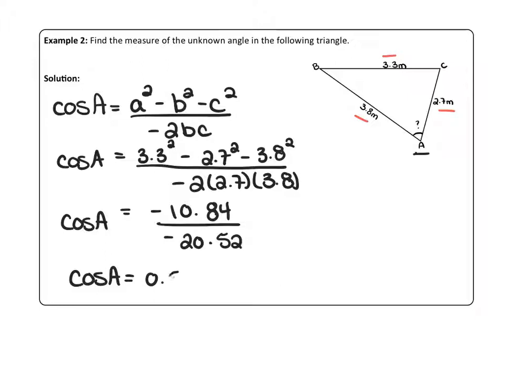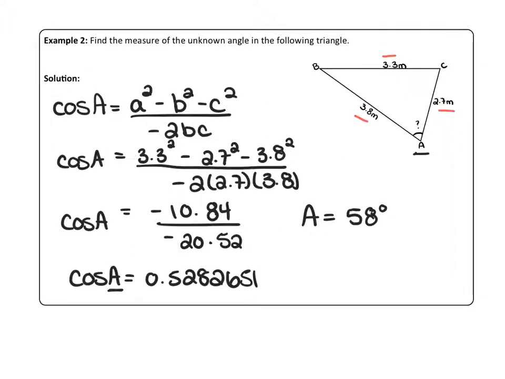I get 0.5282651. And then again, because we're looking for the angle, I'm going to take the inverse cos of that to find the angle, and I got 58 degrees.